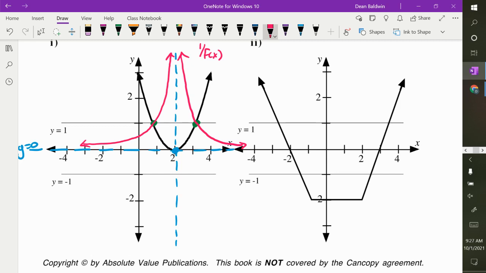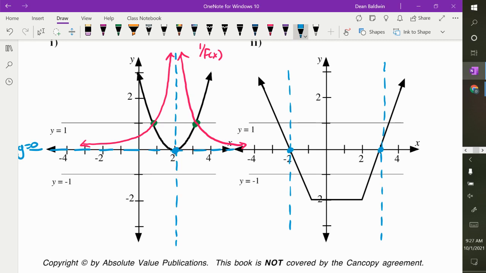What do you mark first? X-intercepts. So your x-intercepts become your vertical asymptotes.